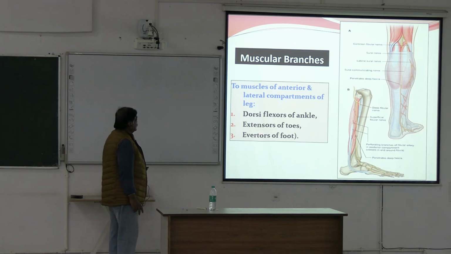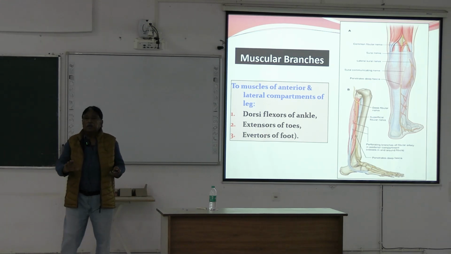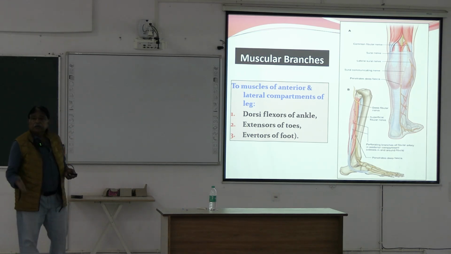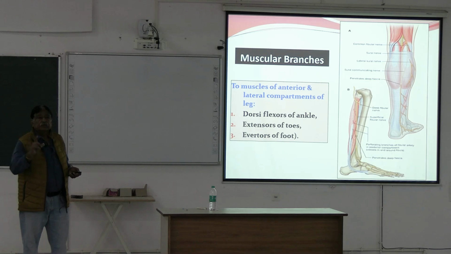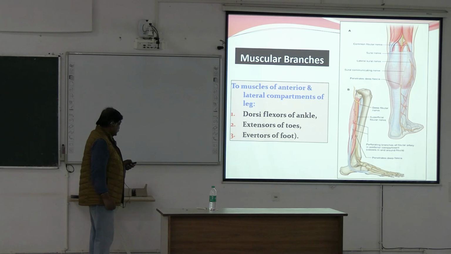No extensors of the toes, and everters of the foot. This is inverters, everters. If this is all affected, then you consider that your fibular nerve is injured.